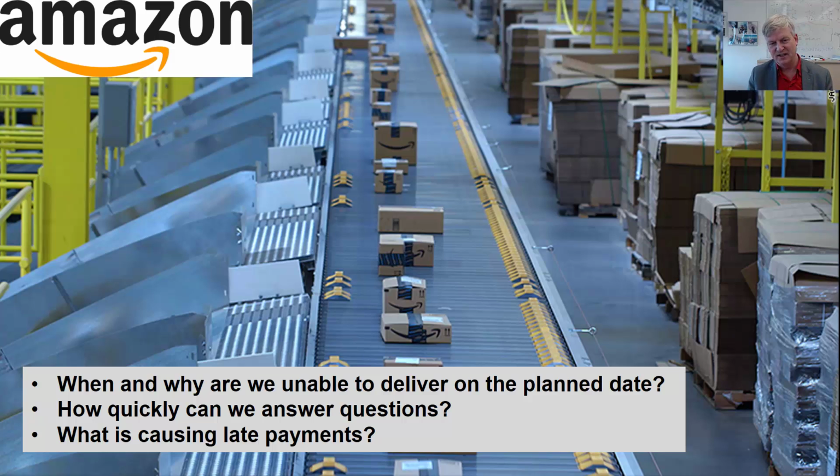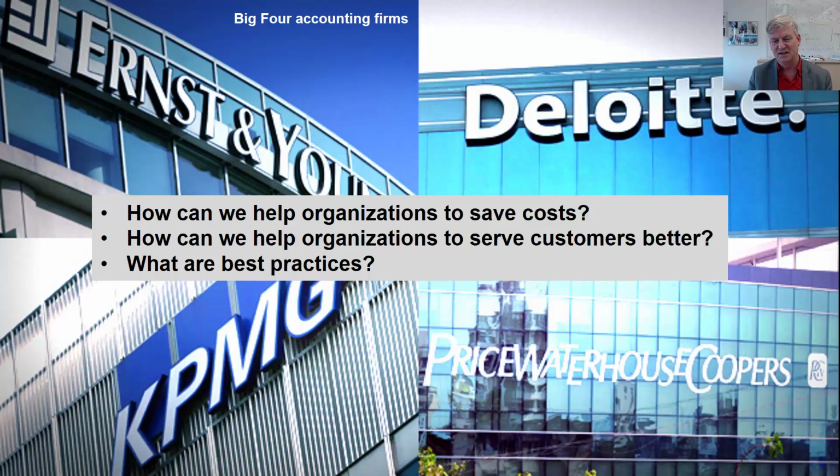They already start to move goods before the customer order is actually there, because based on the data that they have, they can predict these types of things. So these are environments where you can use process mining. It has also become a standard practice for, let's say, consultancy firms to provide process mining services.